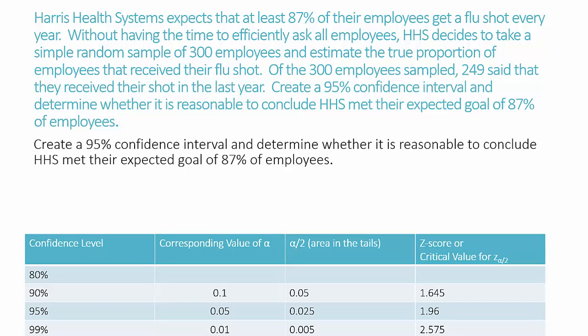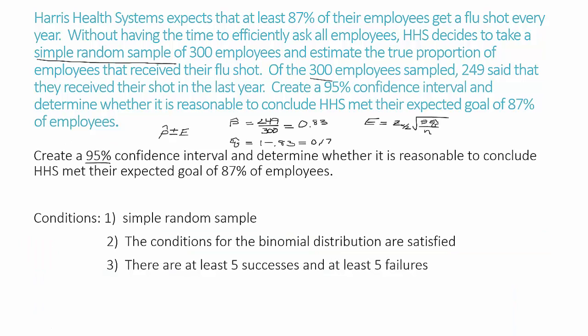For 95% confidence, our corresponding alpha value is 5%, and our critical value is 1.96. So coming back here, we have 1.96 times the square root of 0.83 times 0.17 divided by 300.